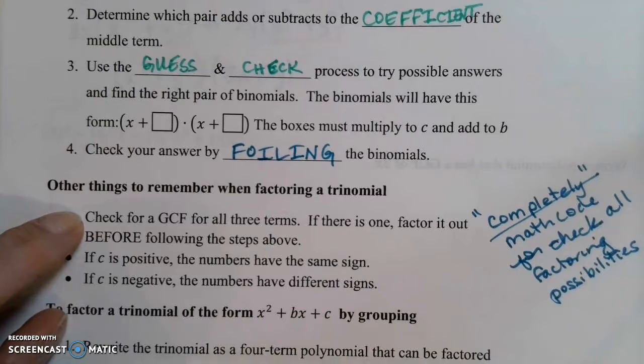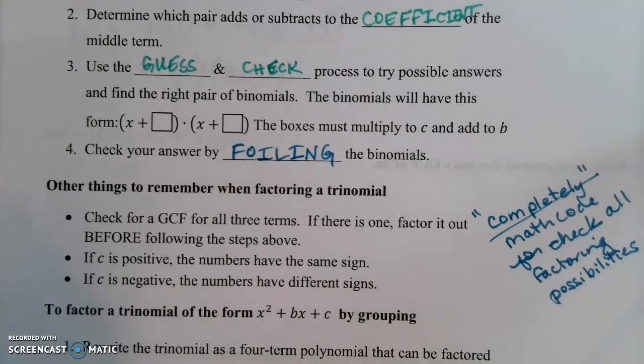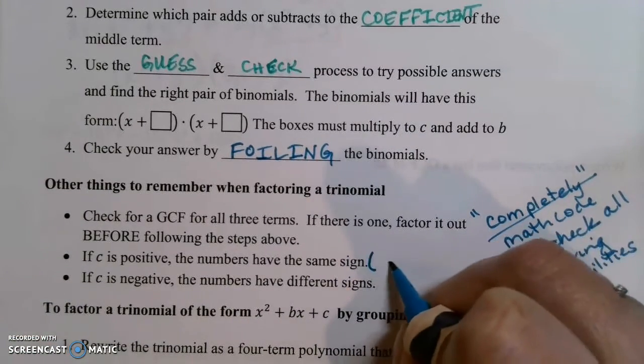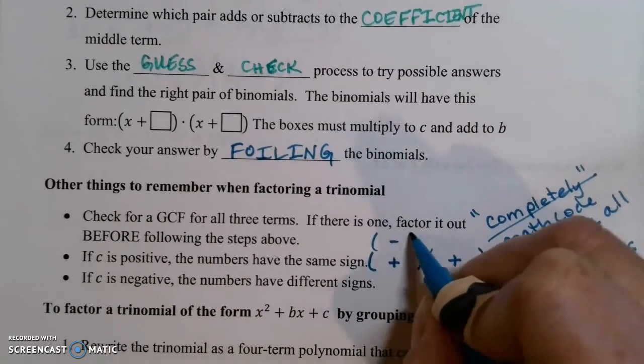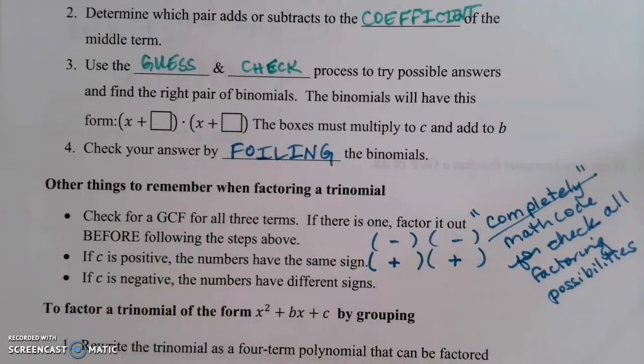In this section, we are assuming that the coefficient for the x squared term is going to be 1. So if there's something other than 1 multiplied by the x squared term, then we need to check for that GCF and get that factored out before we do the reverse FOIL. And if C, our constant value, is positive, then the numbers have the same sign, which means they are either both addition in my binomials or both subtraction in the binomials.